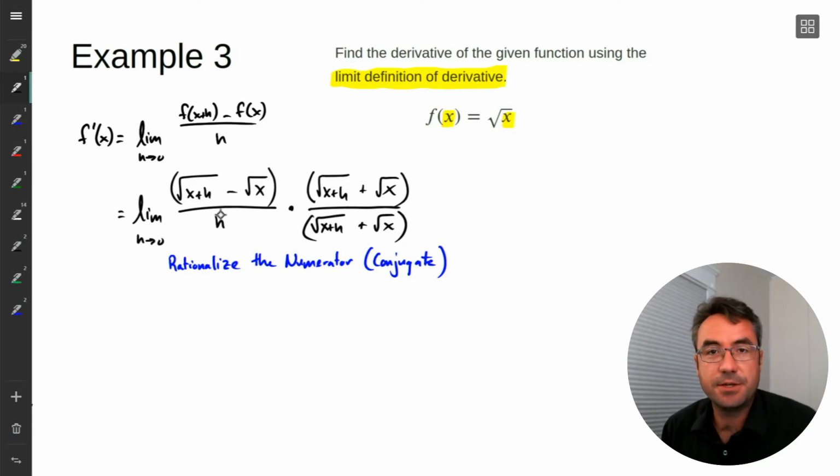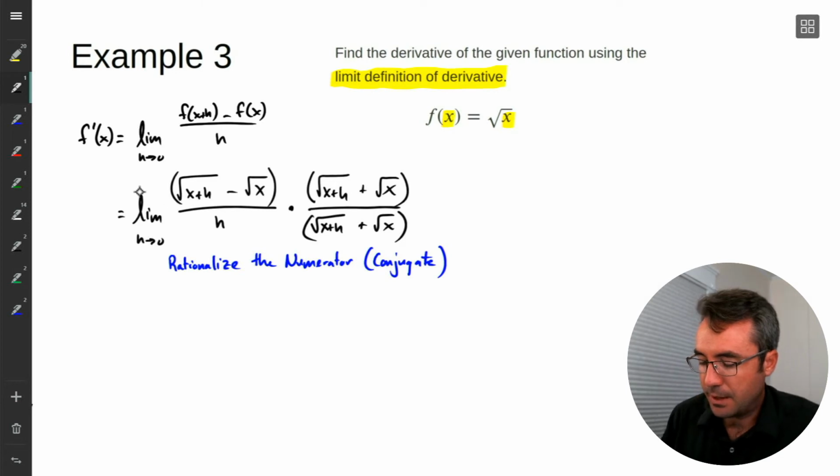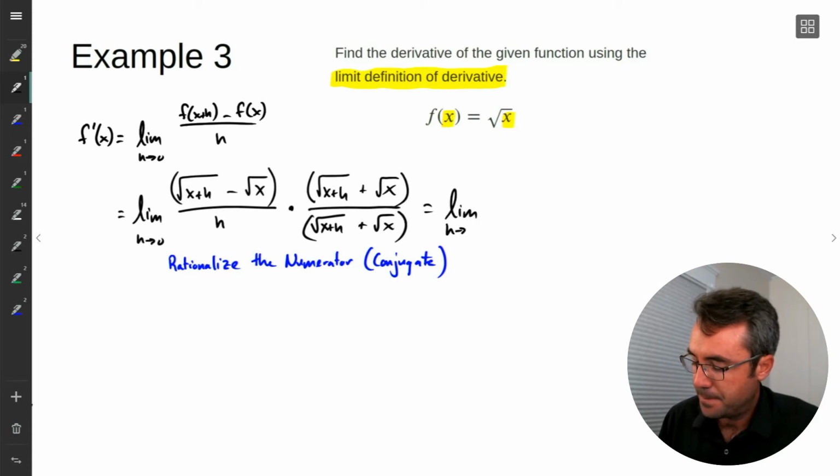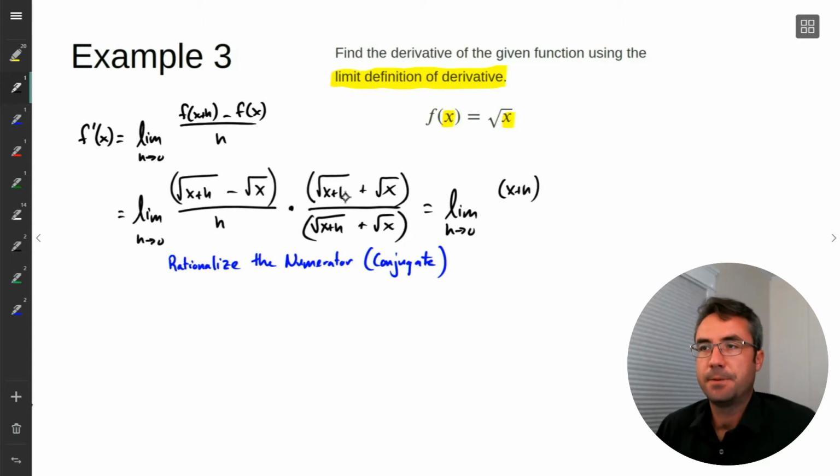So let's take this numerator, multiply with this numerator. And this is where the fun happens, because we get a lot of canceling. We take this square root x plus h, multiply it with this square root x plus h, and what do we get? Well, we just get a nice x plus h. Then we take this negative square root x, multiply it with this positive square root x, and we get a minus x.